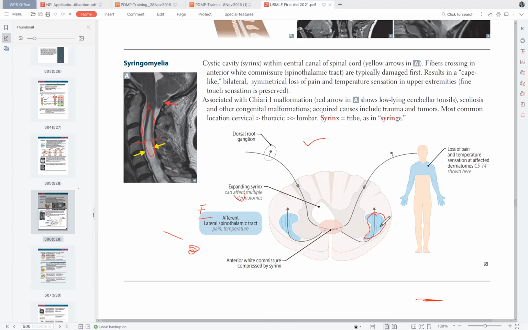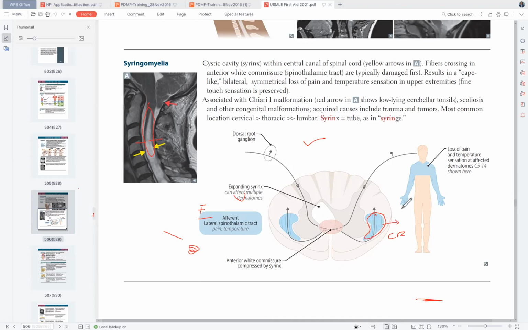So from the spinothalamic tract, if you have pain and temperature, and you can also find some crude touch over here. So mainly it is the pain. So the pain fibers move across before they go up, right?